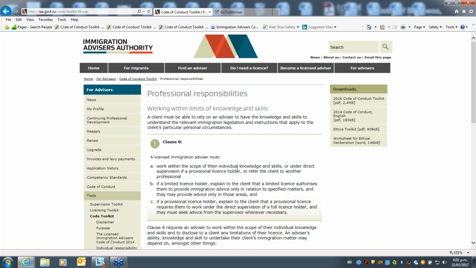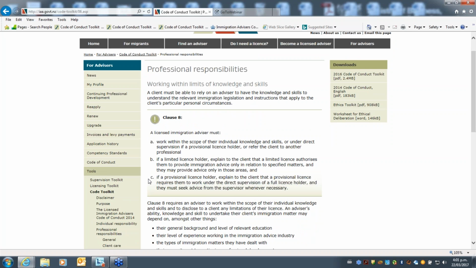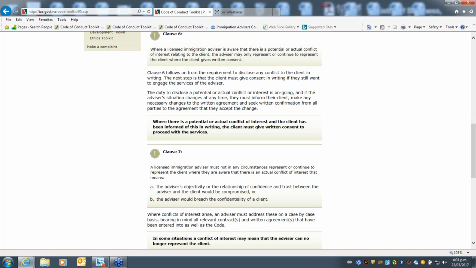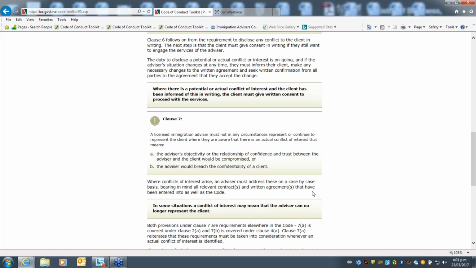I guess this is potentially a good example, actually, of where clause 7 might kick in. So if you've got a situation where you need to disclose a conflict of interest to your client, but that would breach the confidentiality of another client, then you're not going to be able to act in that situation.